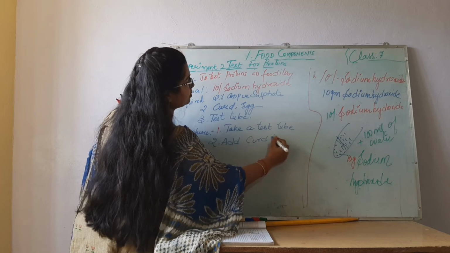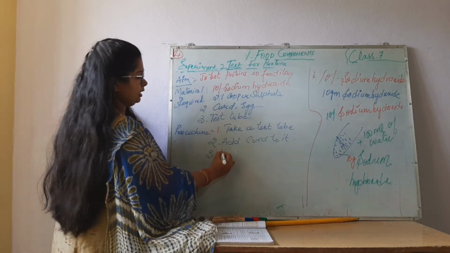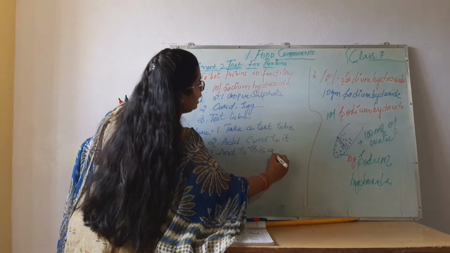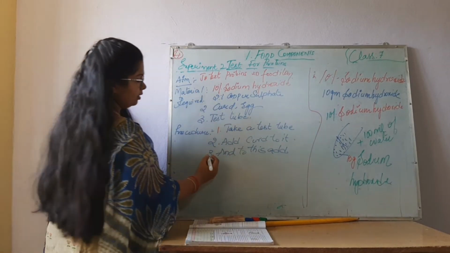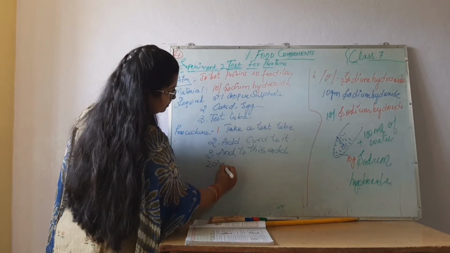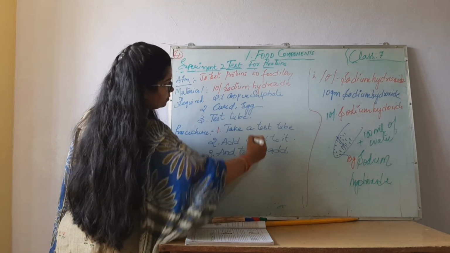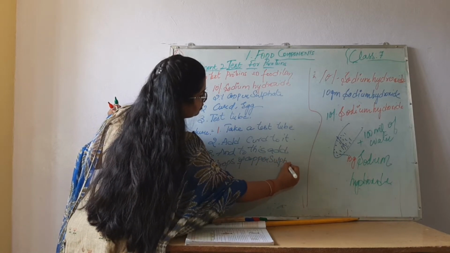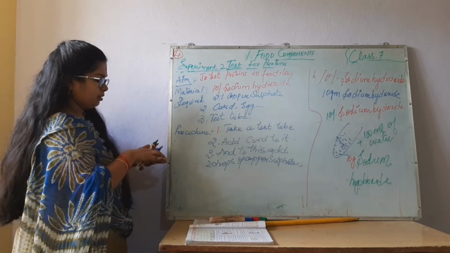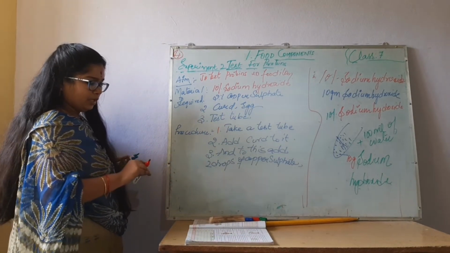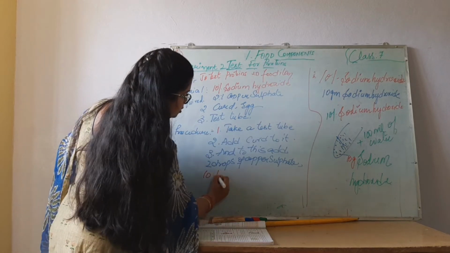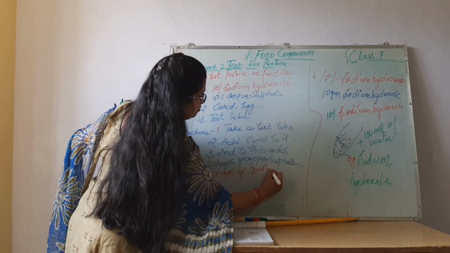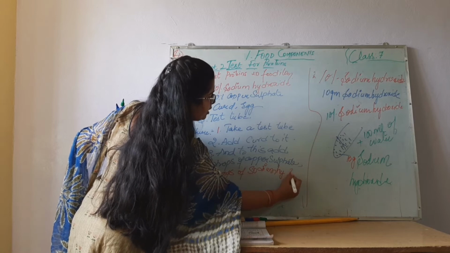Add curd to it, and to this add 2 drops of copper sulfate and 10 drops of sodium hydroxide.